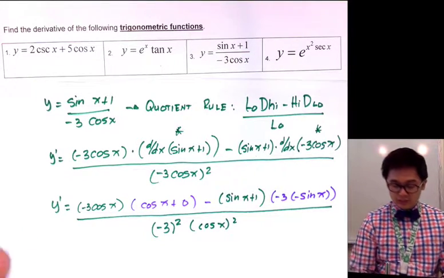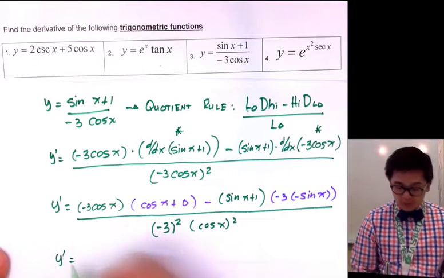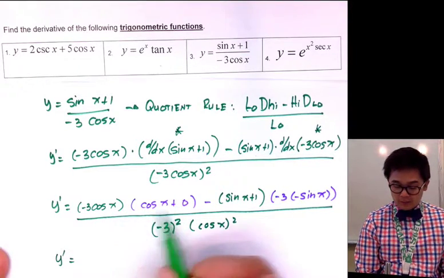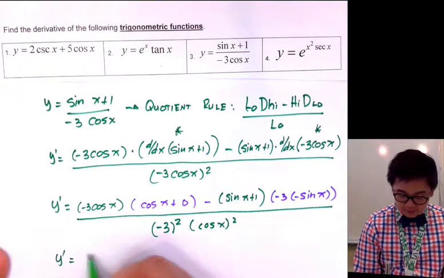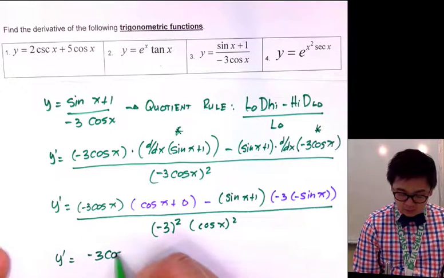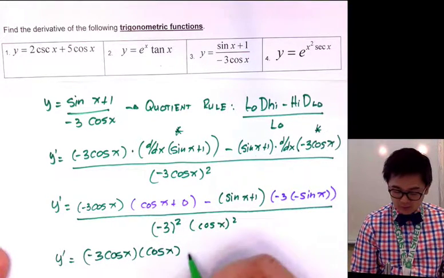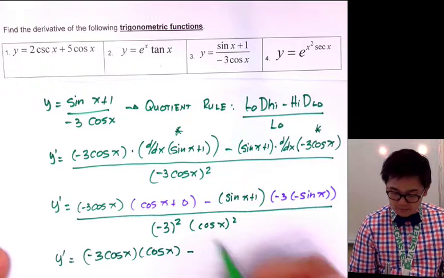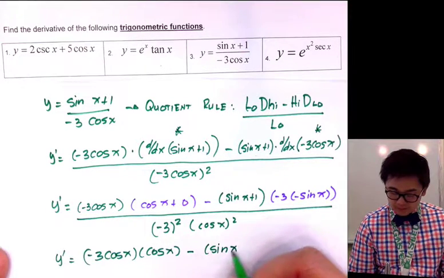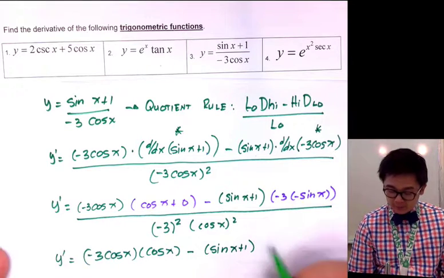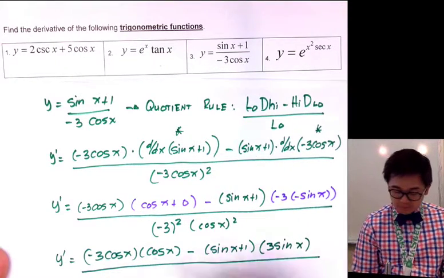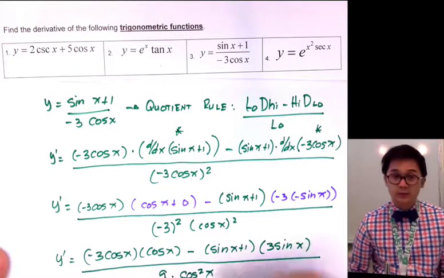So let's go ahead and start simplifying our derivative function. We can copy this together. So we'll have negative 3 cosine x times cosine x, because it's just 0 right here, subtracted by 3 sine x plus 1, and negative times negative is positive, so this will turn into 3 sine x all over 9 times cosine squared x.